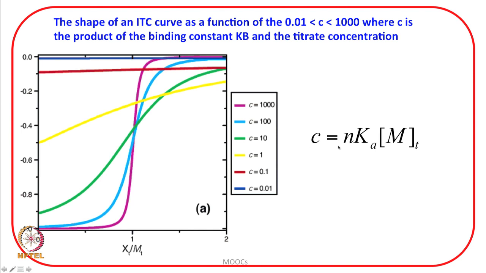So, C is N times K times the total protein concentration or total macromolecule concentration.